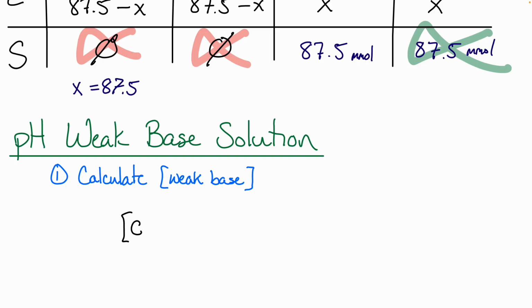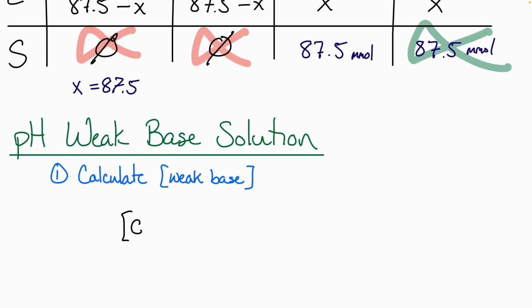So my concentration here is going to equal my millimoles of my weak base divided by my milliliters of solution. Everybody take a second. Given what we've solved up until this point, see if you can't tell me what that concentration is.